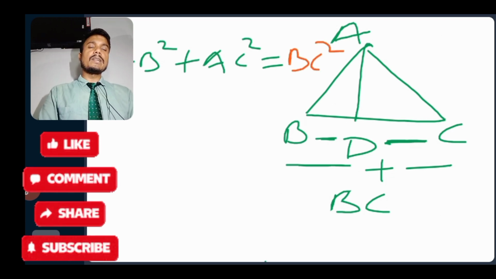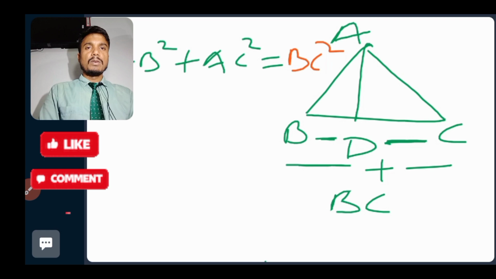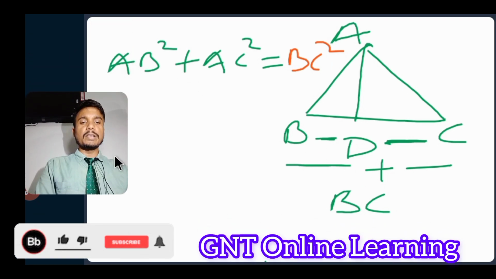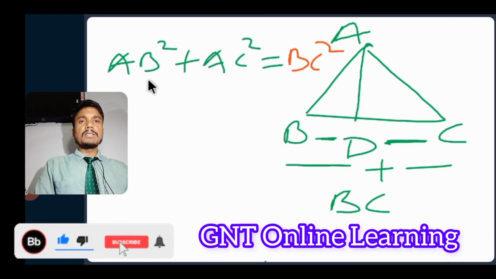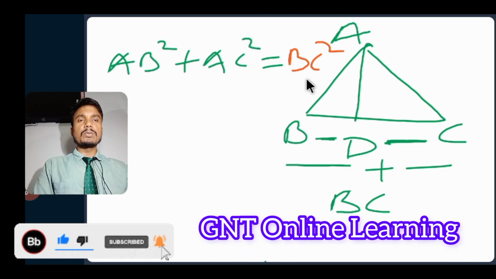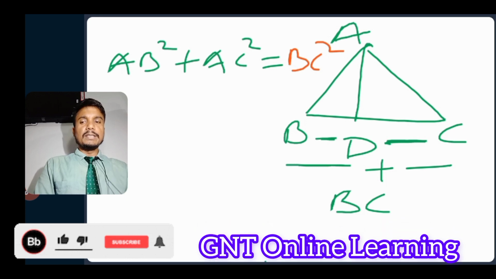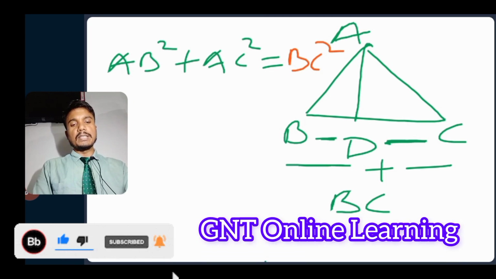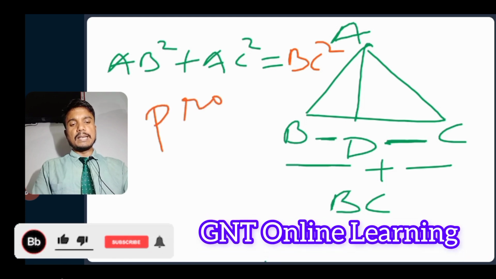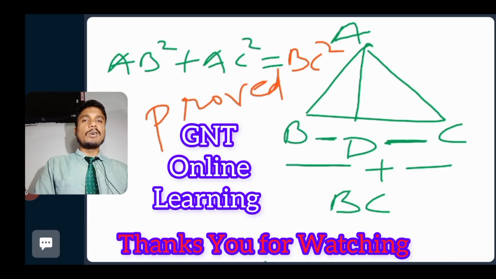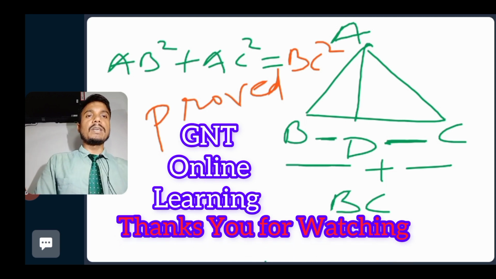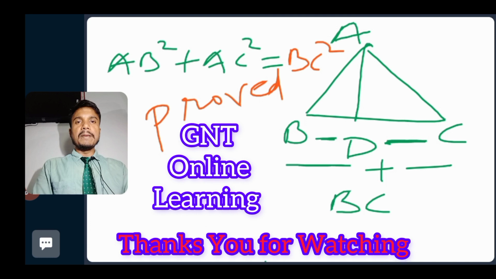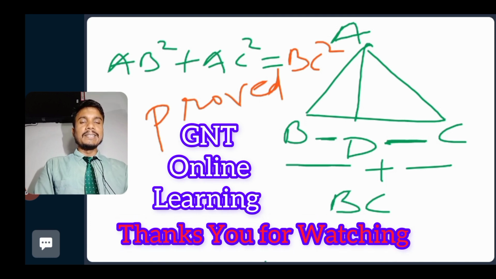So here we have got AB square plus AC square is equal to BC square. This is what we wanted to prove in the question, so we can say that it's proved. This is all about the Pythagoras theorem. I hope I have been able to explain each and every point properly and clearly. Thank you for watching.